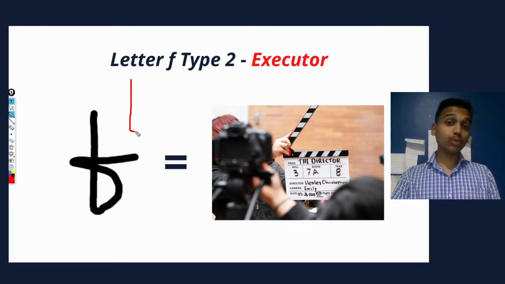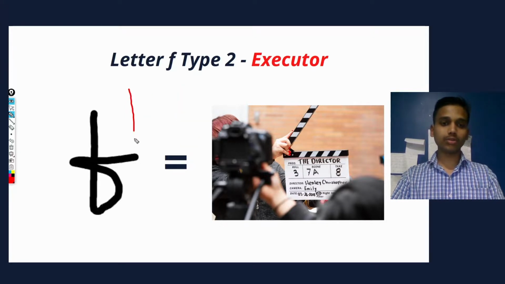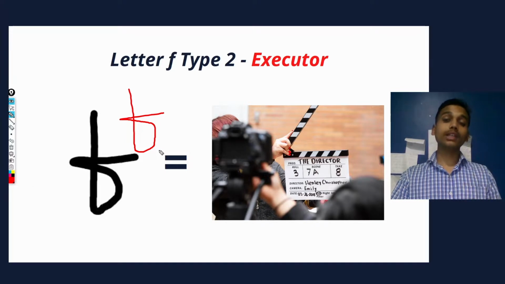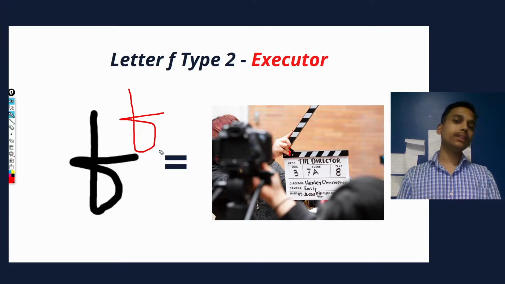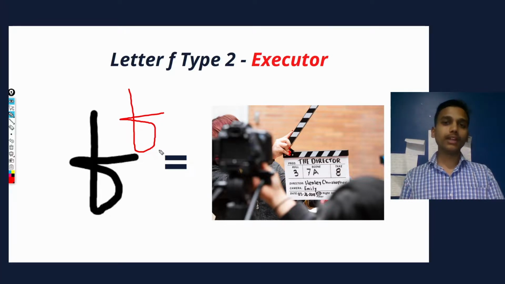Now the size of the loop too matters. Bigger the size, the more of an executor they are. So they execute things very quickly. Sometimes you need to think a lot before doing stuff, right? But these people, due to their execution habit, just execute without giving a thought: is it right or wrong?